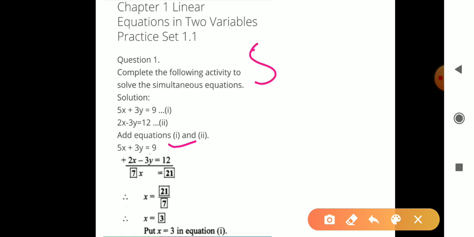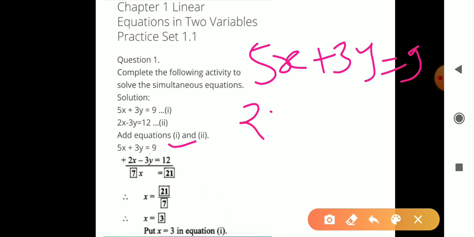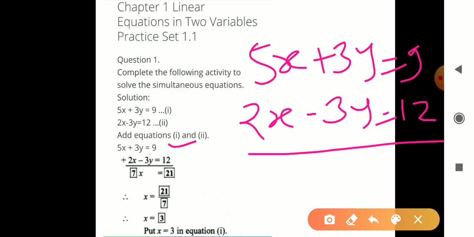When we do addition, there is no sign change; the signs remain as they are. Plus 3y and minus 3y get cancelled, and 5x plus 2x becomes 7x, equal to 9 plus 12, so 9 plus 12 becomes 21.